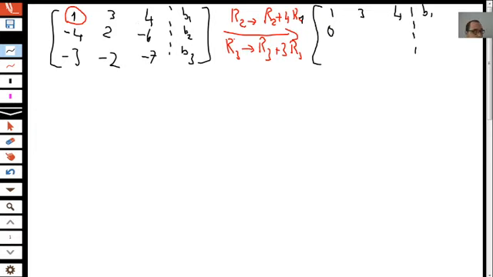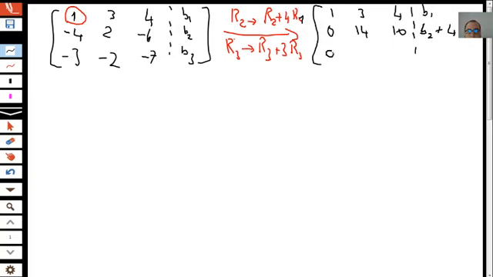12 plus 2 is 14, and 16 minus 6 is 10, and we have b2 plus 4b1.